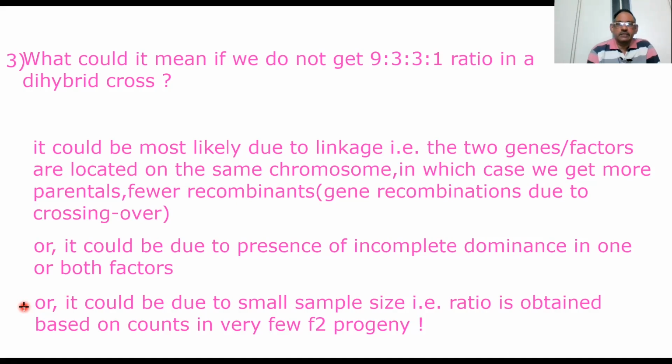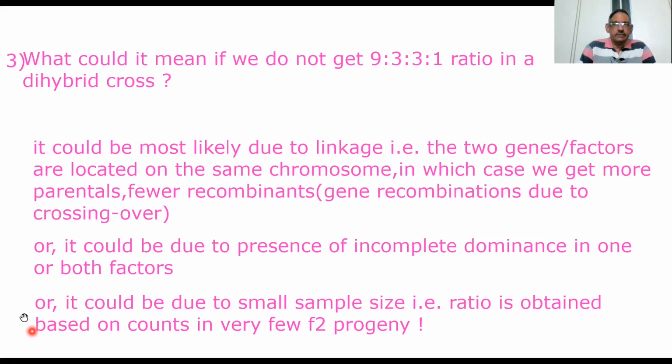That is, the ratio is obtained based on counts in very few F2 progeny. If you take the count from a small sample, a sample consisting of very few F2 progeny, there could be random fluctuation in small samples. You may not get exactly the expected result because of the very small sample size.